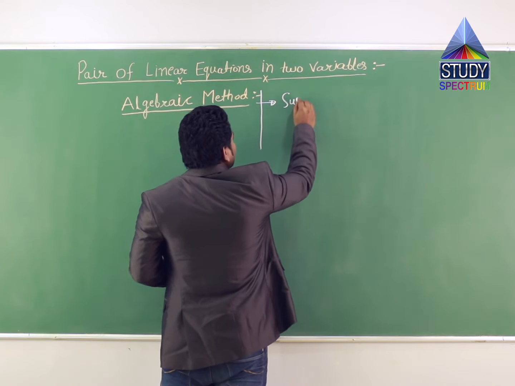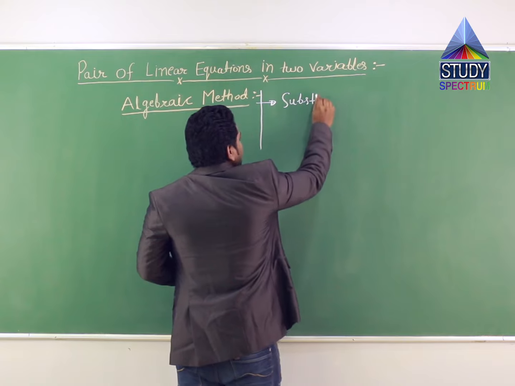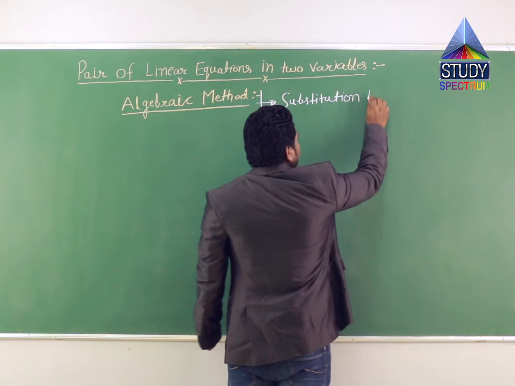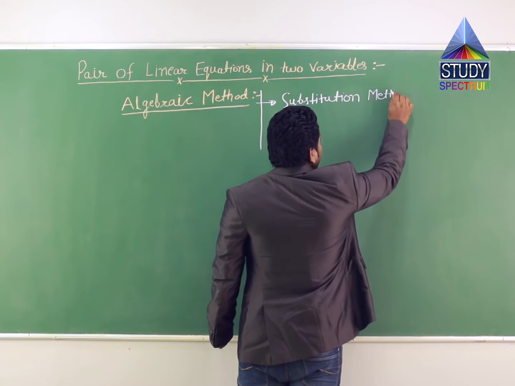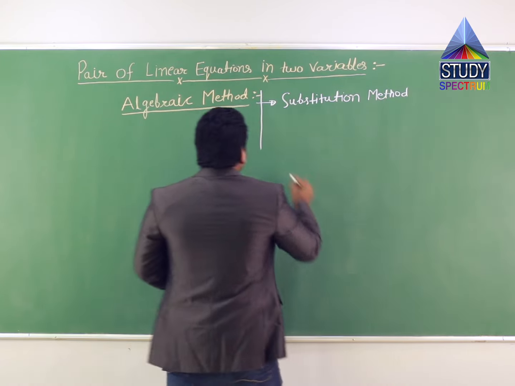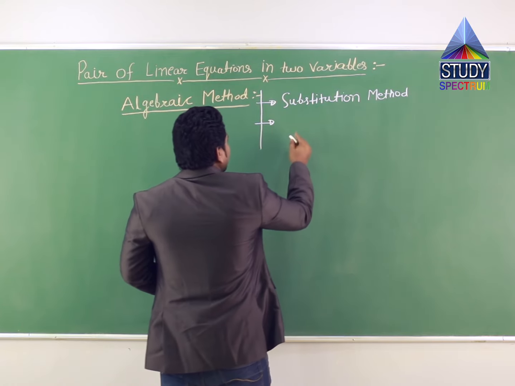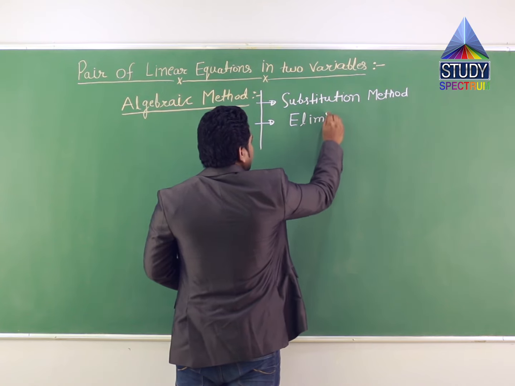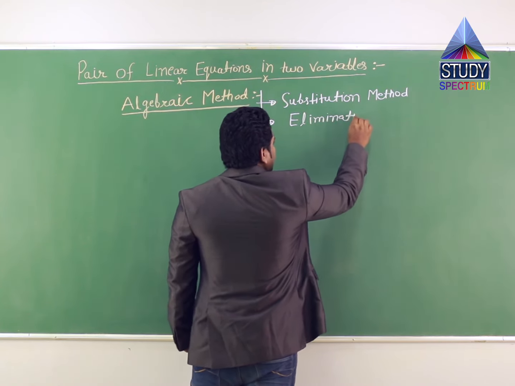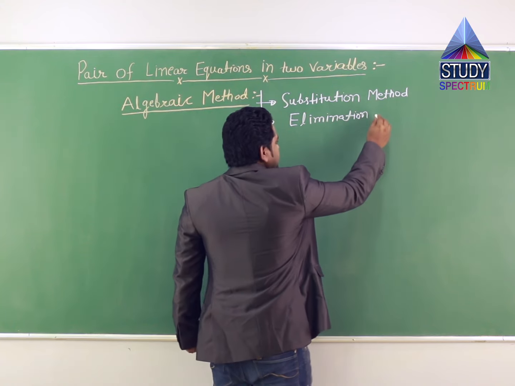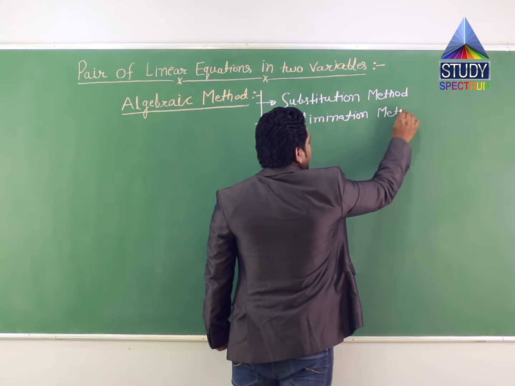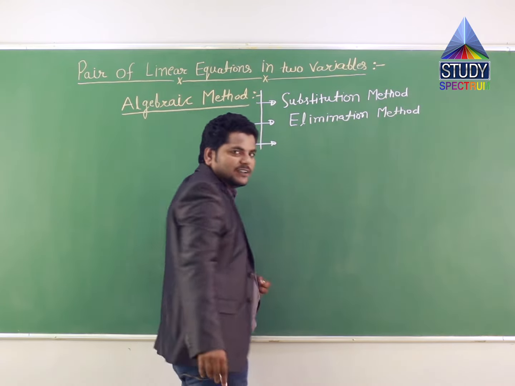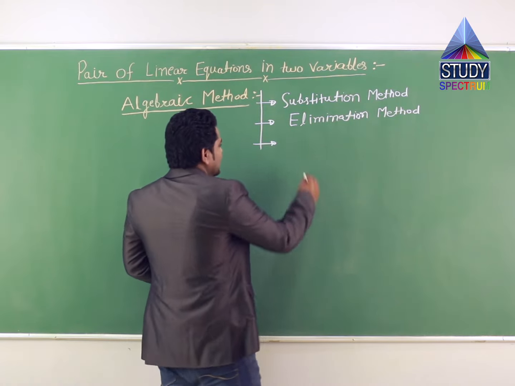One is substitution method, second method is elimination method, and third method is cross multiplication method.